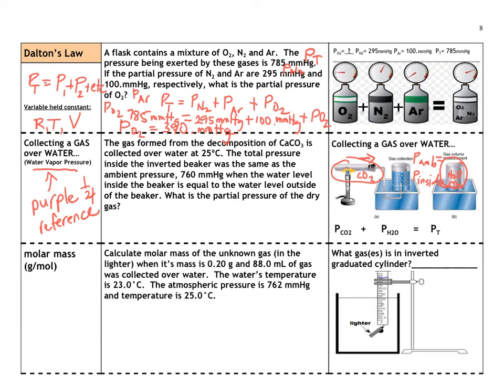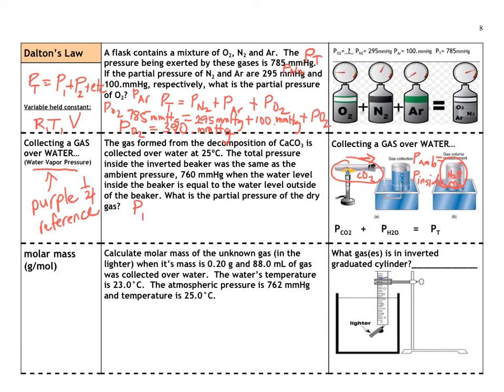The gas formed from the decomposition of calcium carbonate is collected over water at 25 degrees Celsius. The total pressure inside the inverted beaker was the same as the ambient pressure, which is 760 millimeters of mercury, when the water level inside the beaker is equal to the water level outside the beaker. What is the partial pressure of the dry gas?